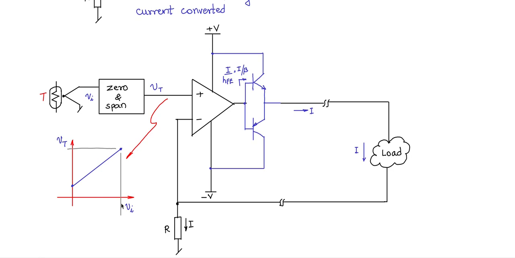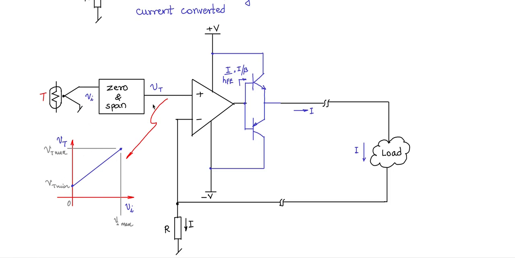So now let us say if this is Vi max, that will be correspondingly Vt max. This is going to be Vt min for a 0 Vi. So why do we have this? When Vi is 0, we want some minimum current to flow through the output to indicate that it is 0 Vi.